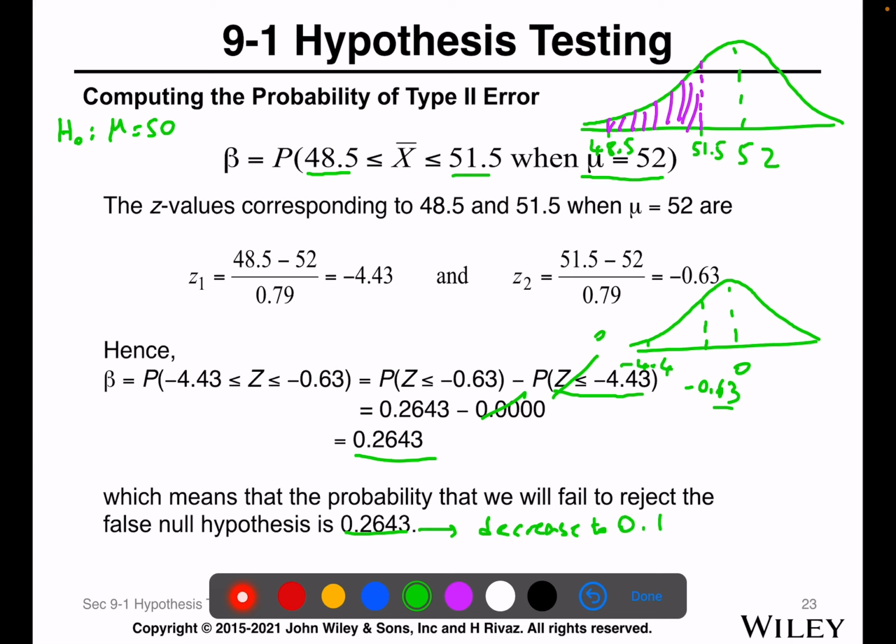That means that when the true mean is 52, we want only in 10% of times our X bar to be here, around 50 by mistake, not in 26% of the times, right? So what practical way can you think of to decrease beta, the probability of type 2 error, from 26% to 10%?